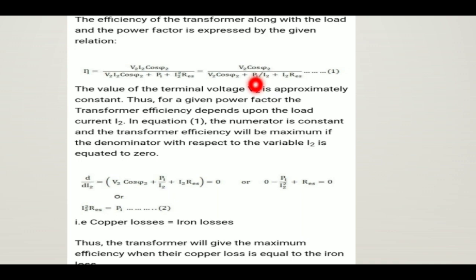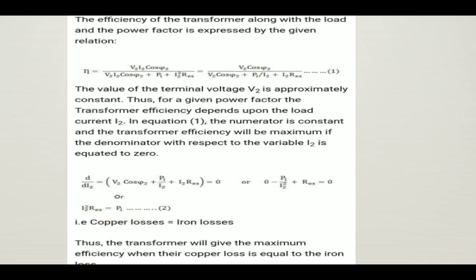Okay, so if we differentiate with respect to I2, that is d by dI2 of V2 cos phi 2 plus Pi by I2 plus I2 into RES equals 0, or 0 minus Pi by I2 square plus RES equals 0. So that gives I2 square RES equals Pi.